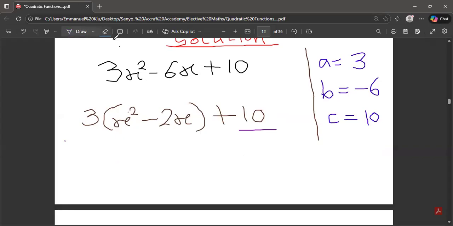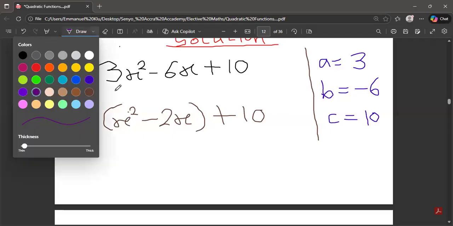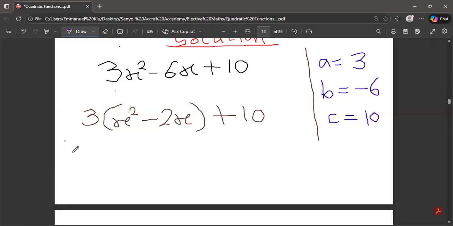Okay, good. So in this case, what are we going to do? The rule says that we should take the coefficients of x. Okay, we should take half of the coefficients of x, and at the end of the day, we should square the results. Okay, good. So the coefficients of x, we are going to be doing that over here. So we said that the coefficients of x is -2.